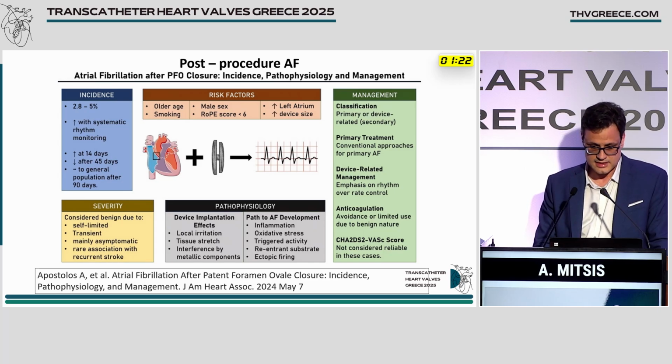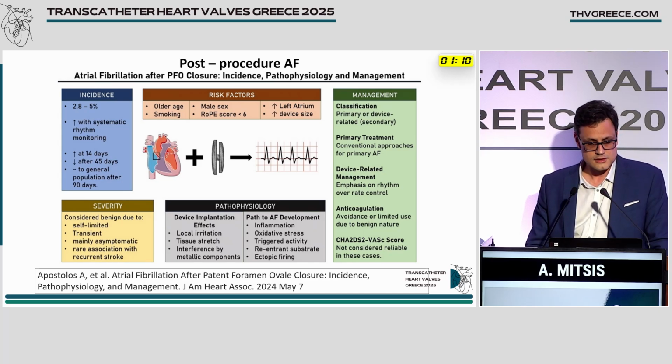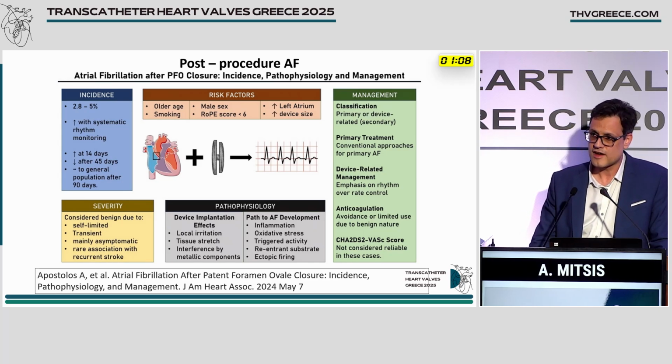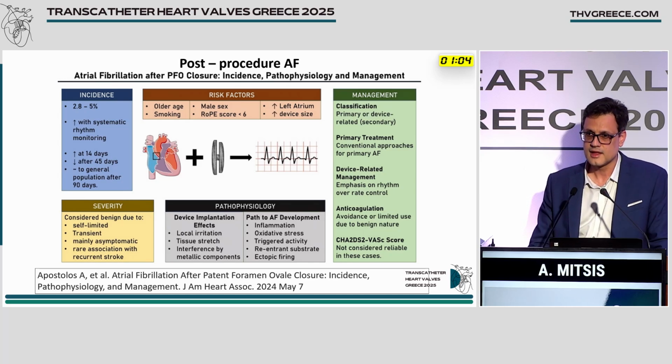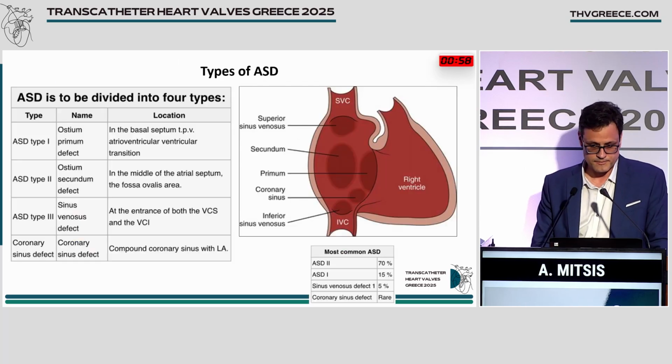This is a nice slide from the work of Professor Choufis that summarizes all the details. The AF post-procedure is not very common, 5%. Usually it's observed in the first month and then it goes down, probably because of local irritation or inflammation.